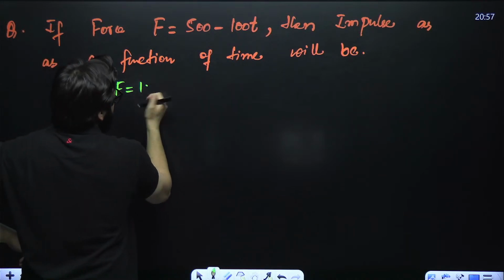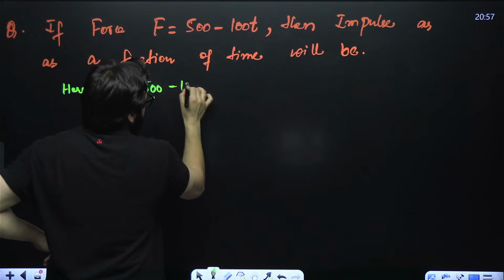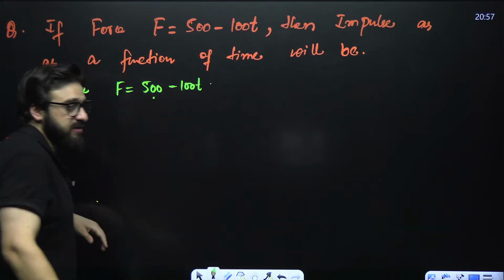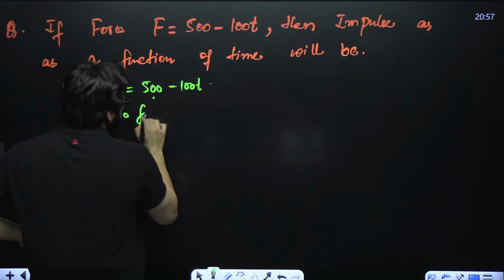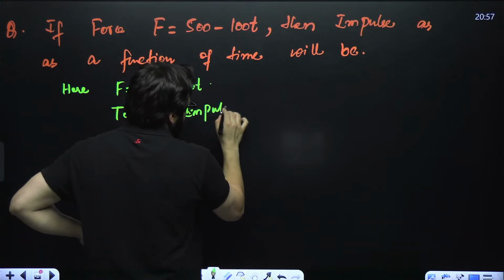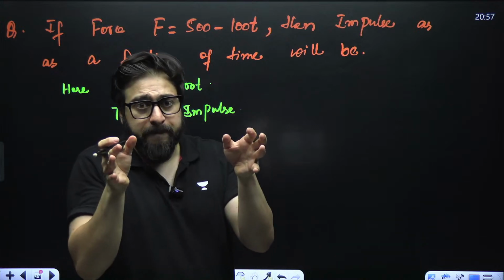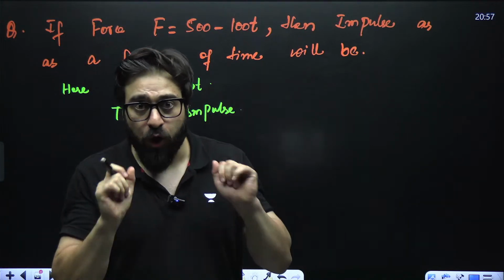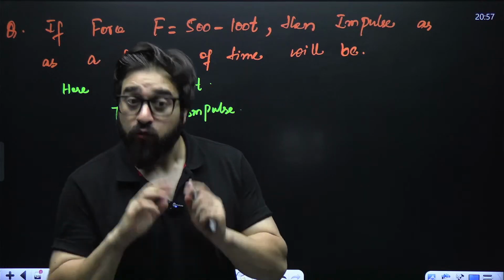F is equal to 500 minus 100t. This force is given. And we are supposed to find impulse. Guys, let's suppose we have got a block over here. And on the block, we are applying force. We have to find impulse.